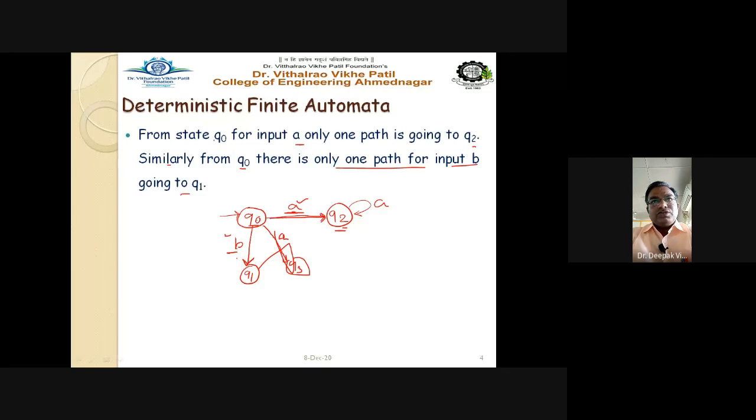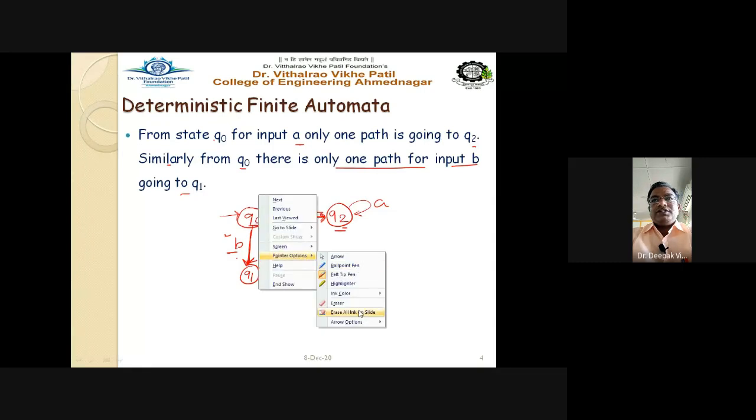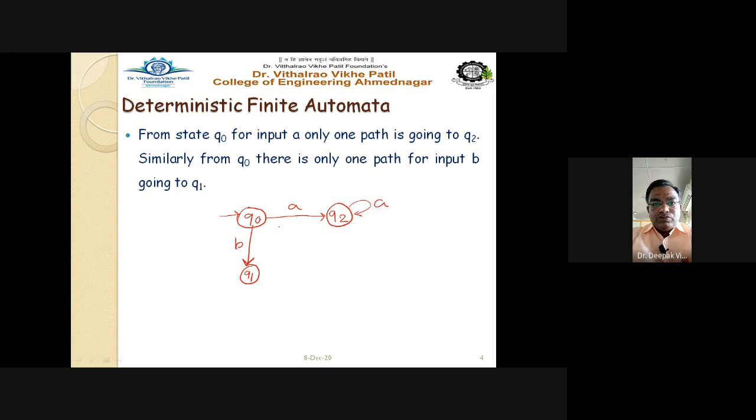So there are two input alphabets, so definitely from Q0, one input leads to Q2 and another input leads to Q1. Getting this point? That's why it is called deterministic. Means yes, you can easily determine that on Q0 input A goes to state Q2 and on Q0 input B goes to Q1.